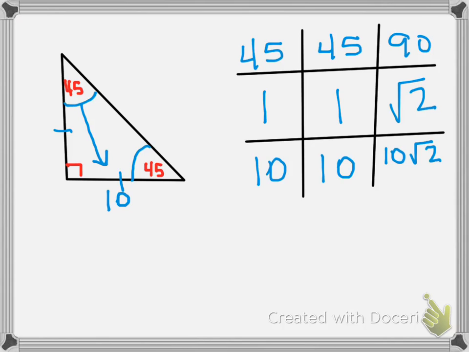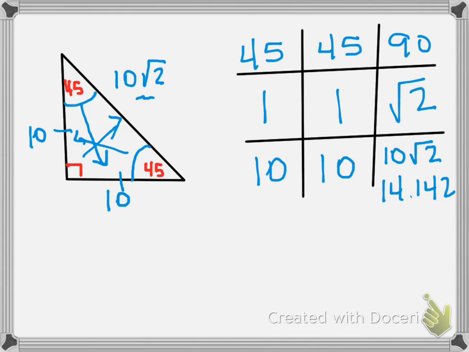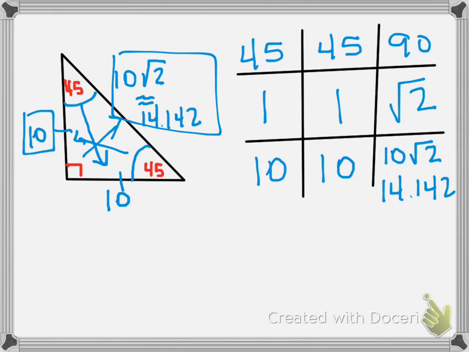And again, you can leave it in that form, or you can multiply it out and get approximately 14.142. So you've got 10 on this side length because it's across from a 45-degree angle. Across from our 90-degree angle, we've got 10 times the square root of 2, or approximately 14.142. So that's the way to use our ratios on the special right triangle.